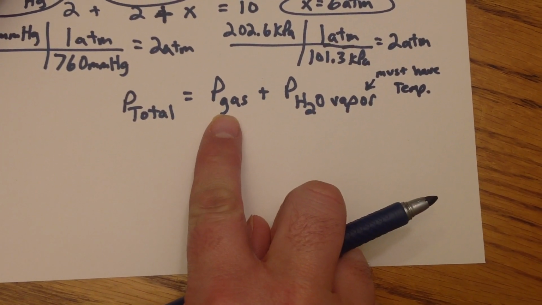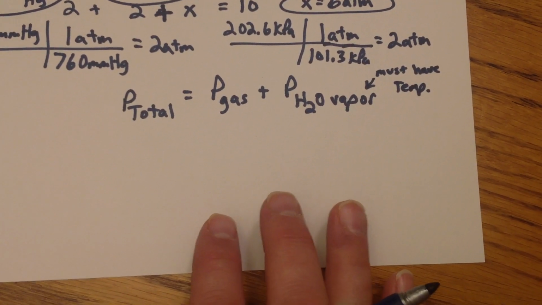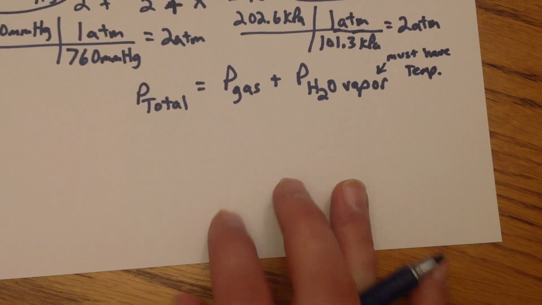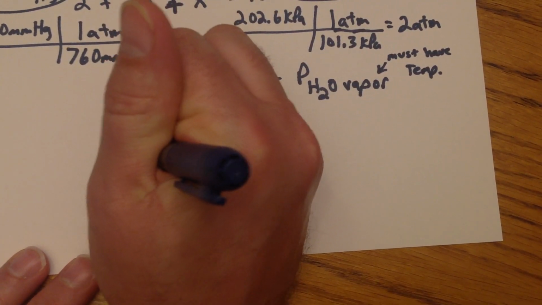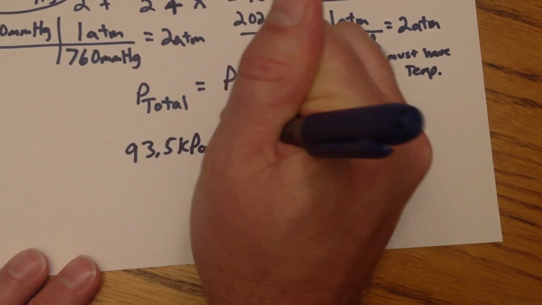Because how would you find X here? You would subtract the water vapor. So the first example you had there was nothing more than you find the P total of 93.5 kPa. This is example 1.